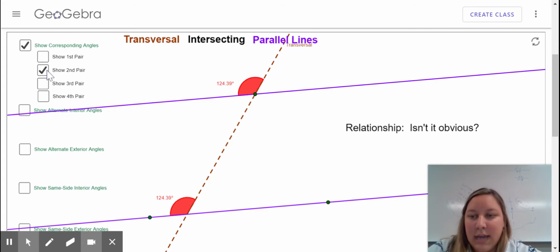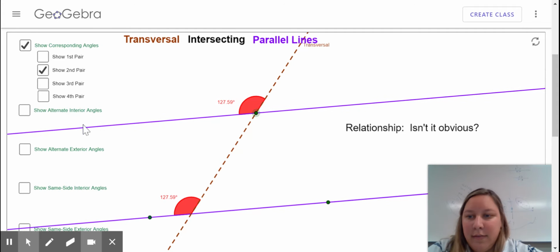And again, no matter where the location of those corresponding angles is, they will always be congruent. Corresponding means the same angle in the same location on the same side of the transversal.